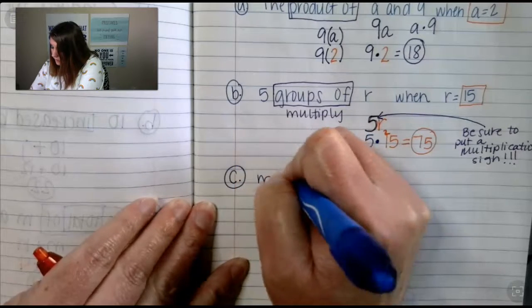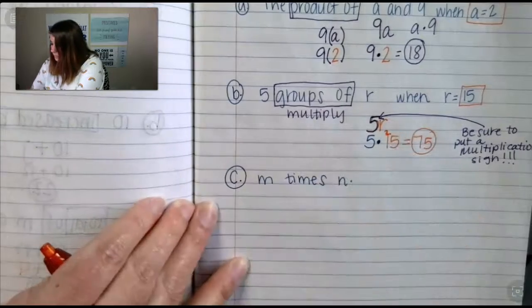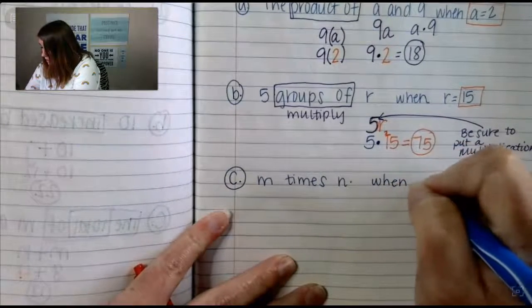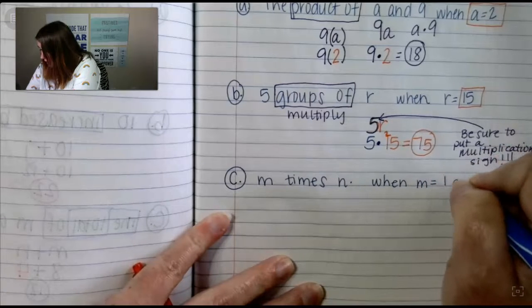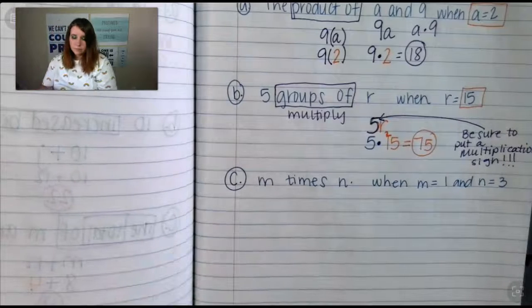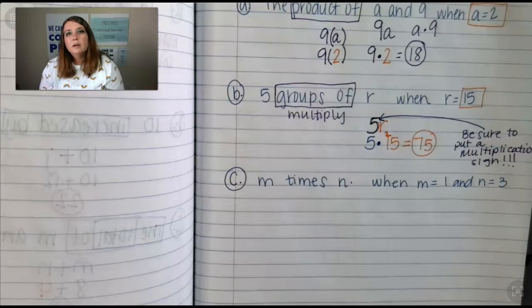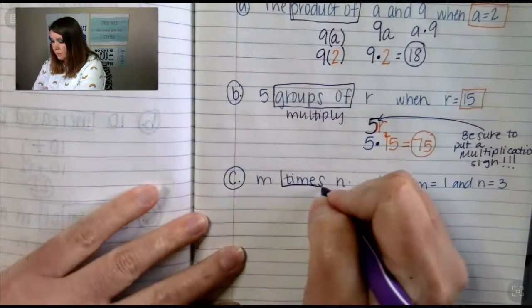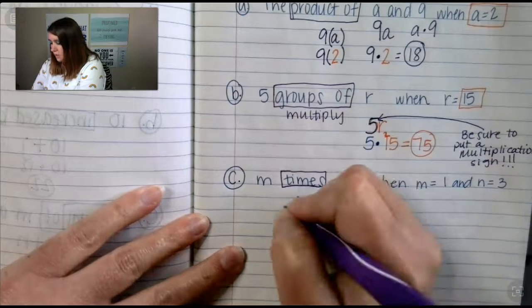M times N, when M equals 1 and N equals 3. All right, so here I need to write my expression. Times means to multiply, so I'm going to use a dot.